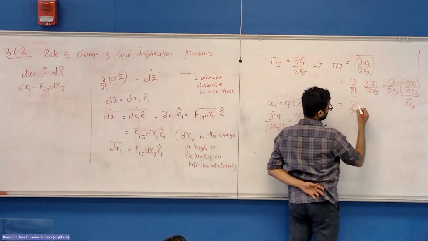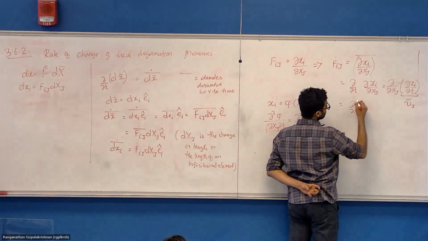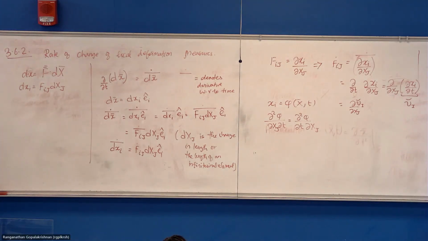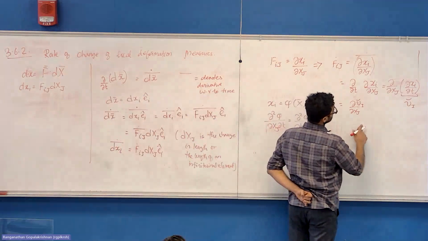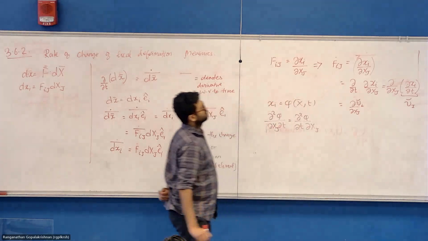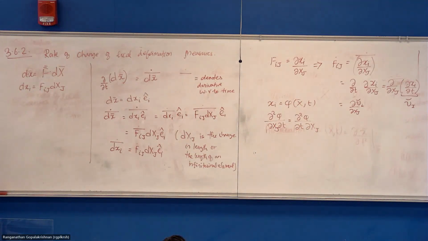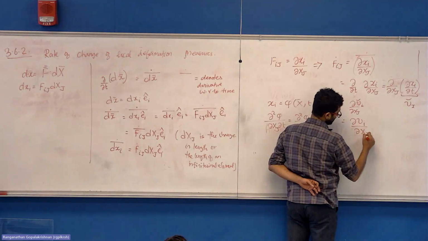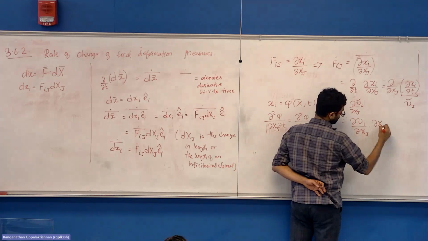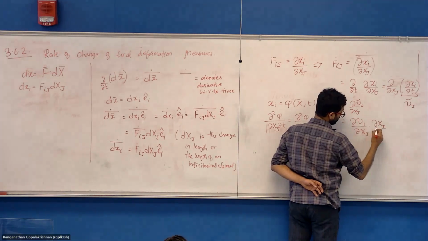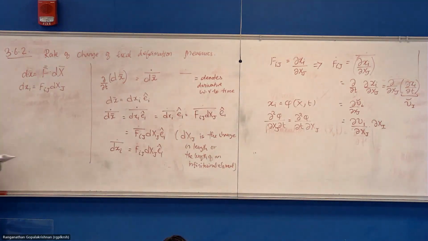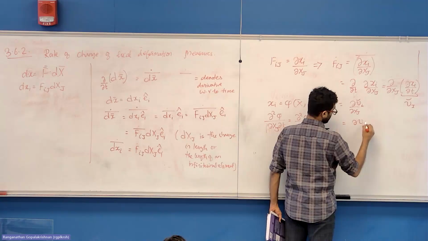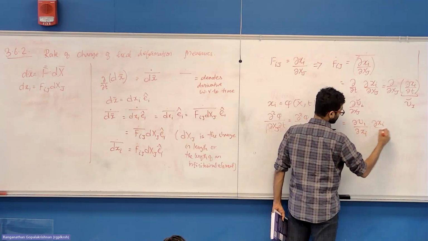So this is partial Vi over partial Xj, which you can write as partial Vi over partial xk multiplied by partial xk over partial Xj.